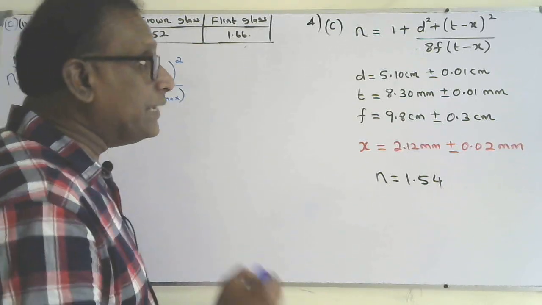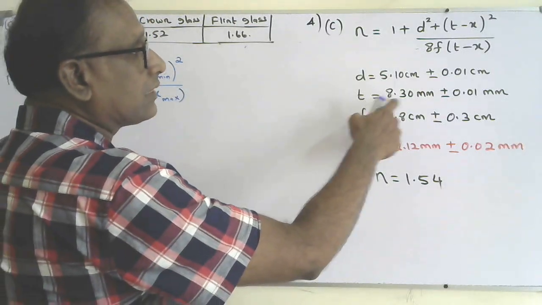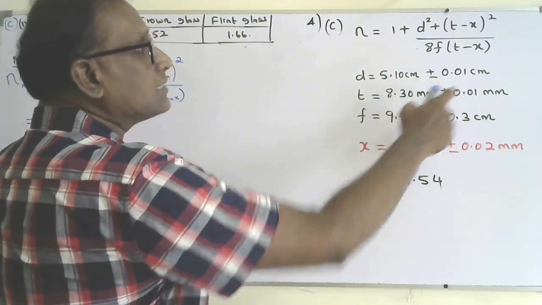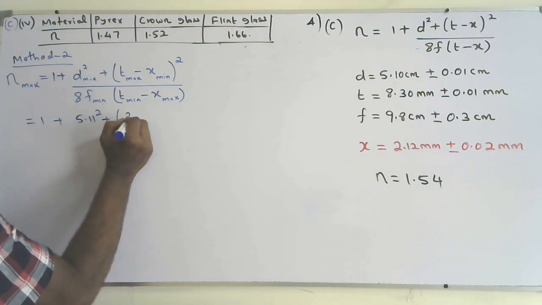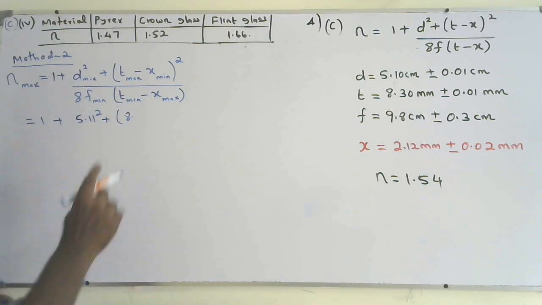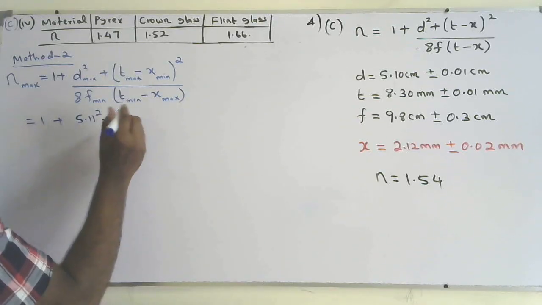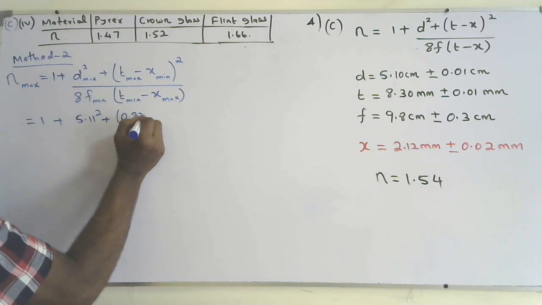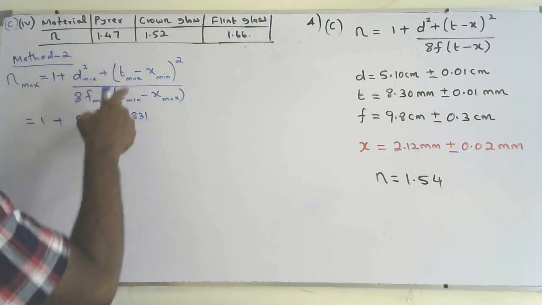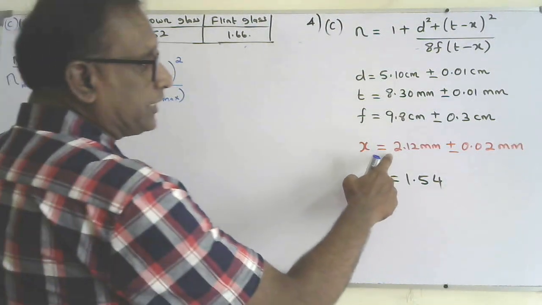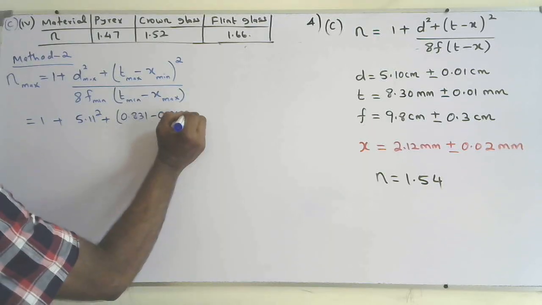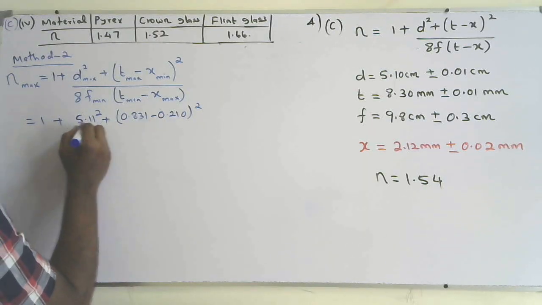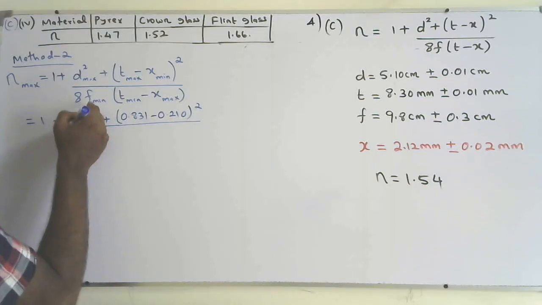So that should be in meters. T max, that is 8.30 plus 0.01. So that will be 8.31. Sorry, 0.831 in meters. Centimeters, 0.831 in centimeters. That is the T max. X minimum, 0.212 minus 0.002, that will be 0.210, all things squared divided by 8 times F minimum.